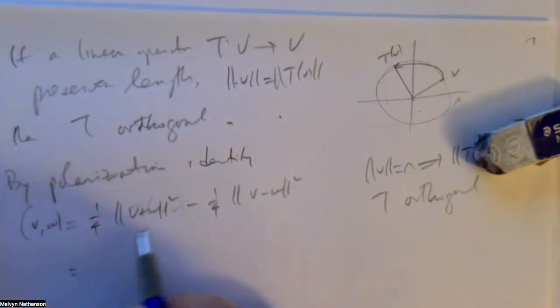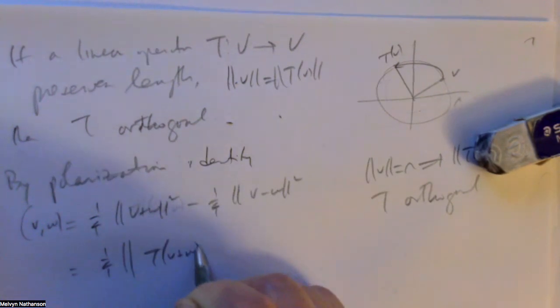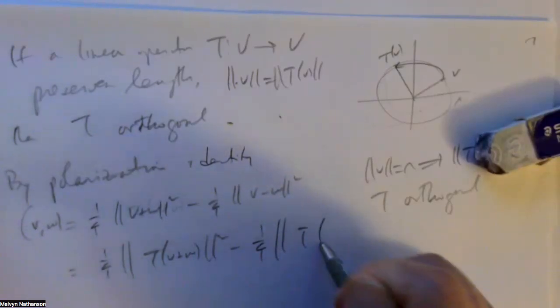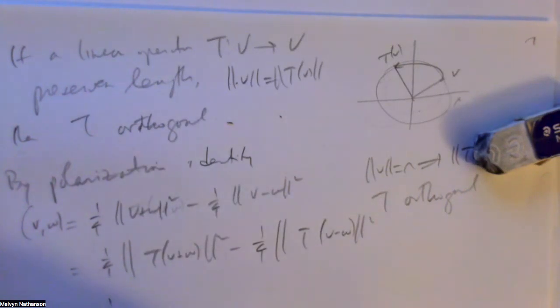But T preserves length, so this is the same as a fourth the length of T of v plus w squared minus a fourth the length of T of v minus w squared. But because T is linear, T of v plus w is T of v plus T of w.